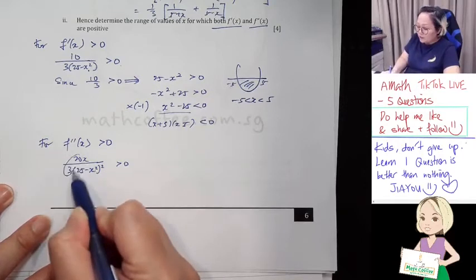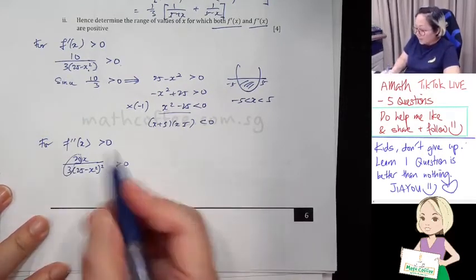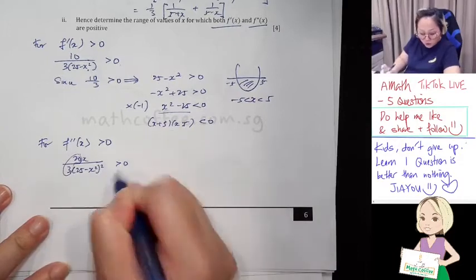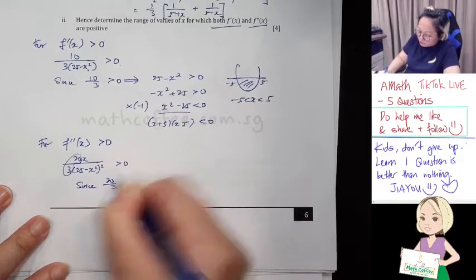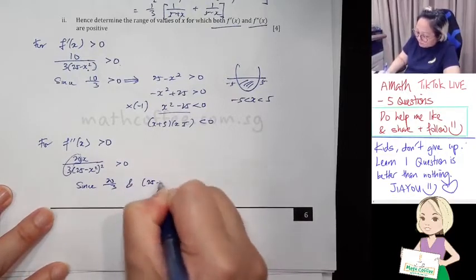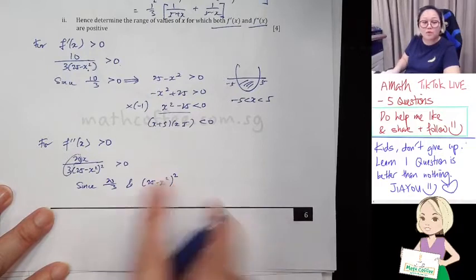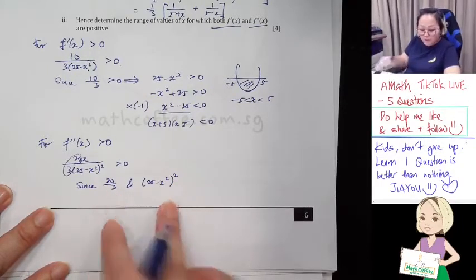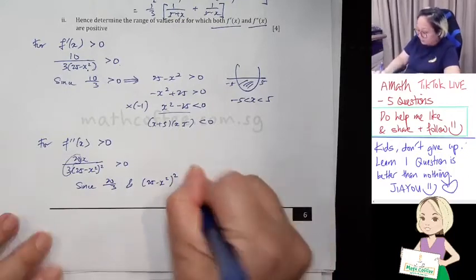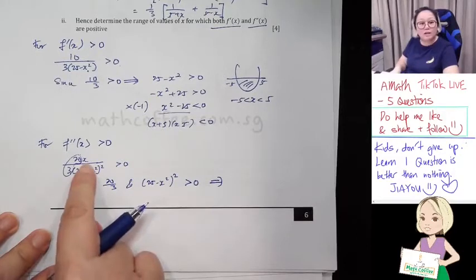This 20 over 3 is already positive. And this part, 25 minus x squared, because this one is squared, when you square it is always positive already, agree? So when these two expressions are already positive, all I need to take care of is that my x must be positive.